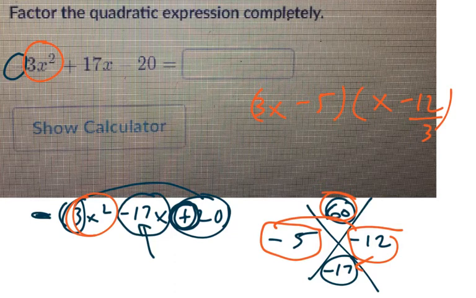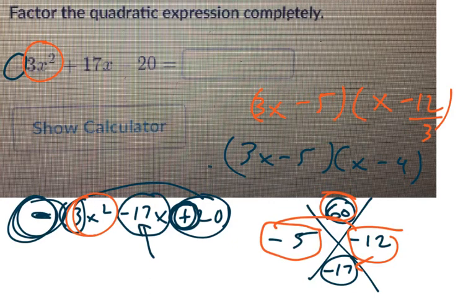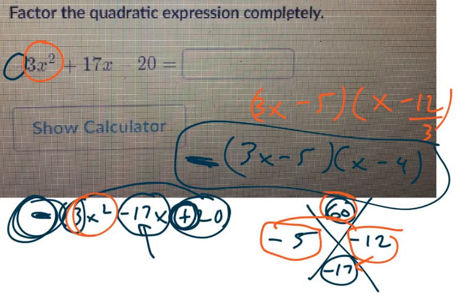So my answer now is 3x minus 5, x minus 4. Now, did I forget something, though? Don't forget there was a negative we factored out at the beginning. Okay, don't forget your GCFs, guys. So that right there with the negative is a complete answer.